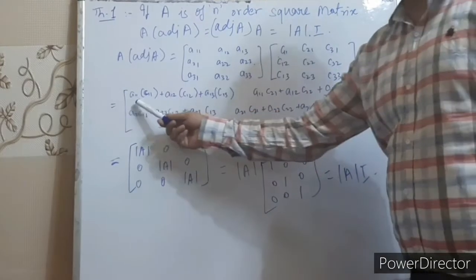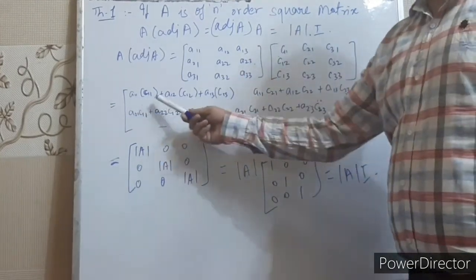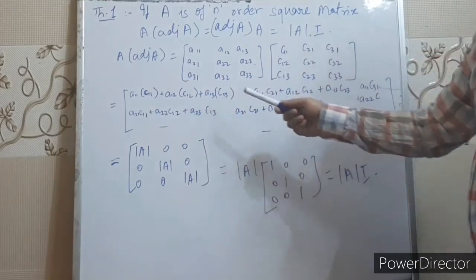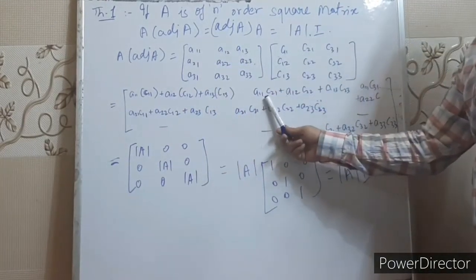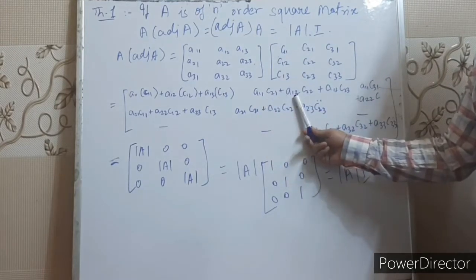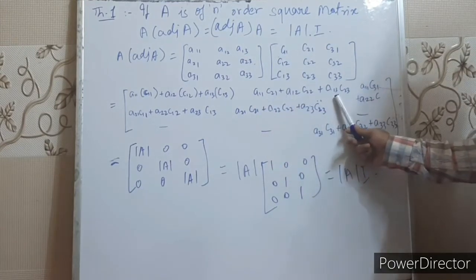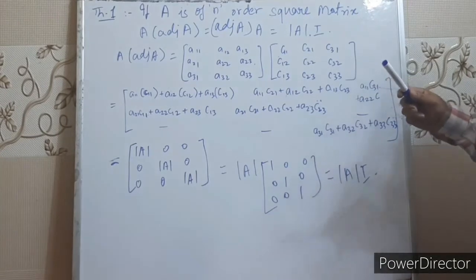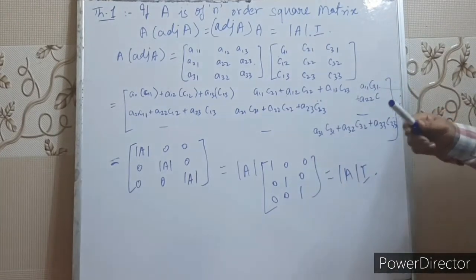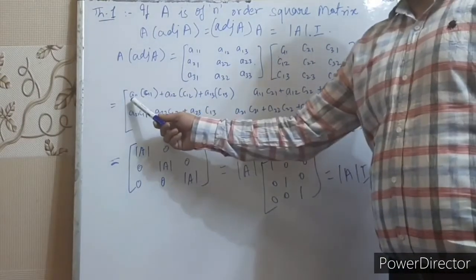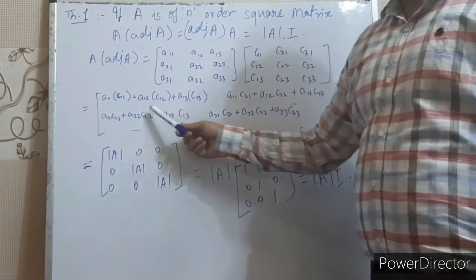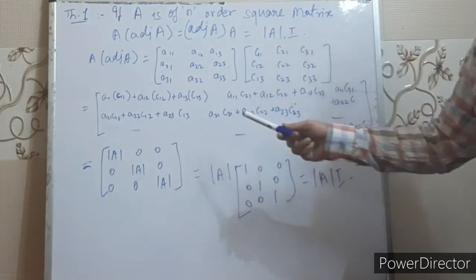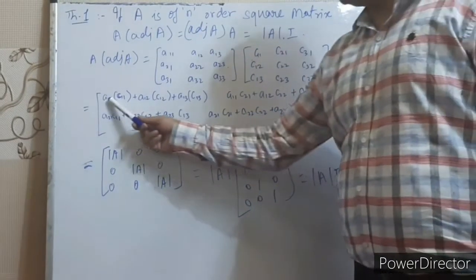When we do that, we get A11 C11, A12 C12, A13 C13. Then first row, second column: A11 C21, A12 C22, A13 C23. Remember, children, we discussed in the properties of determinants that the elements of a row multiplied by their corresponding cofactors give the expansion of that determinant, which is the value of that determinant.